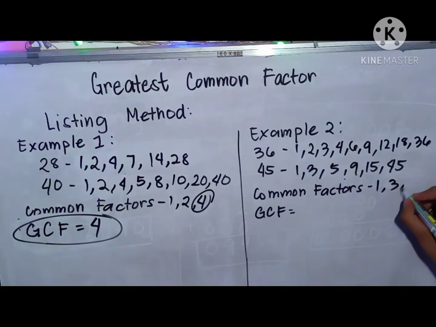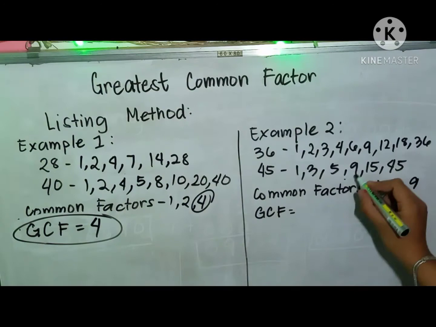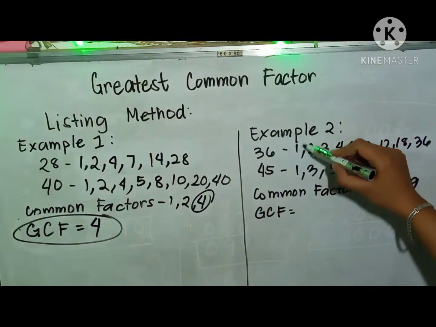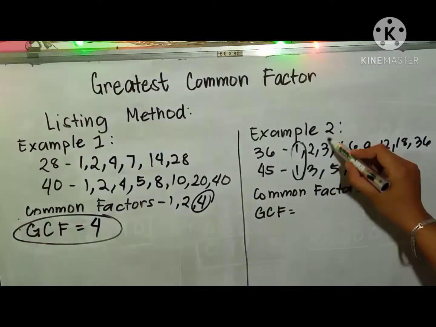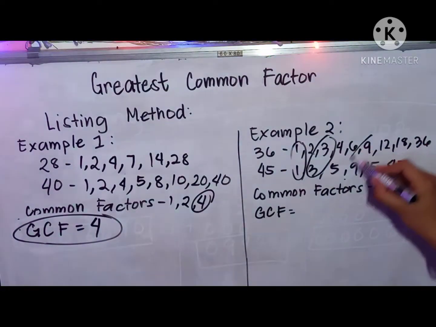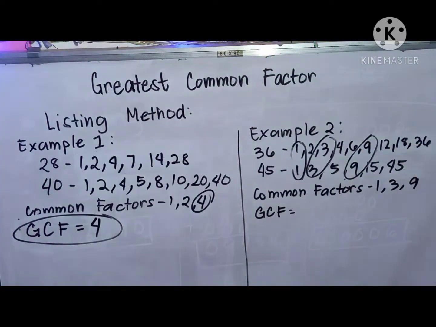Pareho silang merong 9. Bilugan natin yung common. The rest, wala ng common factor. So, sa 36 and 45, common factors na meron sila are 1, 3, and 9.